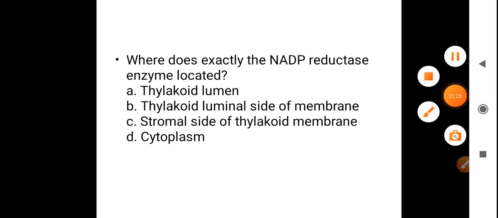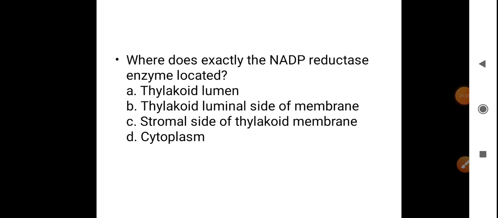Next question: where exactly is the NADP reductase enzyme located? This is a very important question, the location of the NADP reductase enzyme. When we discuss the structure of the chloroplast, which is a double membrane structure, the outer membrane and the inner membrane, on the inner side of the membrane, as discussed in the previous MCQ, the complex responsible for the photolytic splitting of water is present.